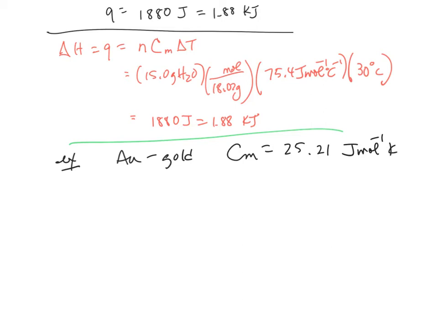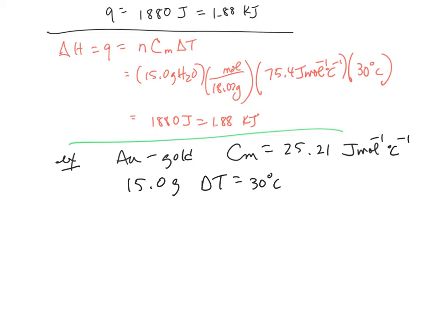Could be per Kelvin or per degree C. The difference in Kelvin is equal to the difference in degrees C, but I want to use degrees C to be consistent there. Okay, and for this one, you still have 15 grams, and also delta T is 30 degrees C.